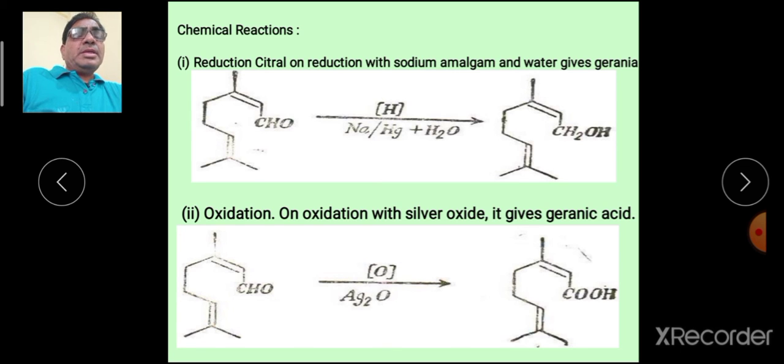Now the reactions of citral which we have studied as analytical evidence are shown here using the structural formula of citral. Citral contains an aldehyde group. Aldehyde on reduction gives a primary alcohol, this is the reaction, while on oxidation it gives an acid.